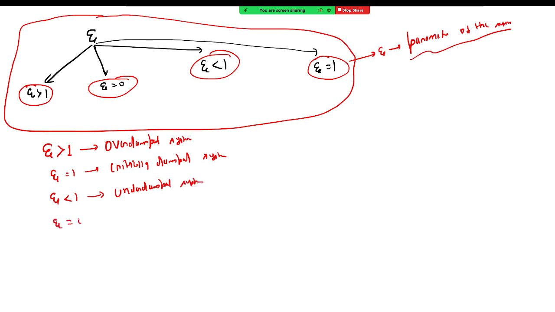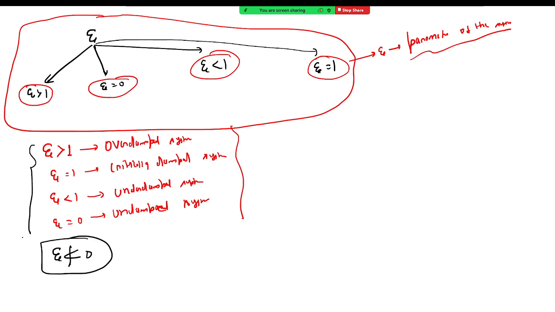And when zeta is equal to 0, it is called an undamped system. So on the basis of the value of zeta, the process has been categorized in four parts: overdamped, critically damped, underdamped, and undamped system. And zeta can never be less than 0, right?